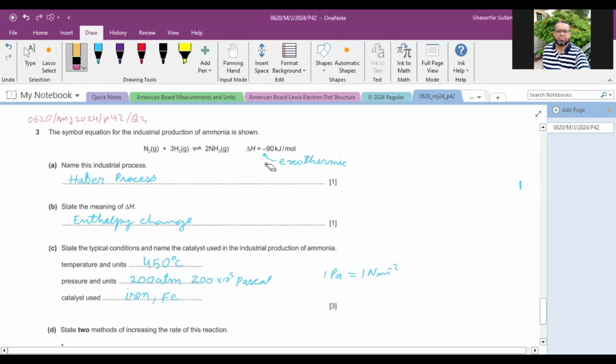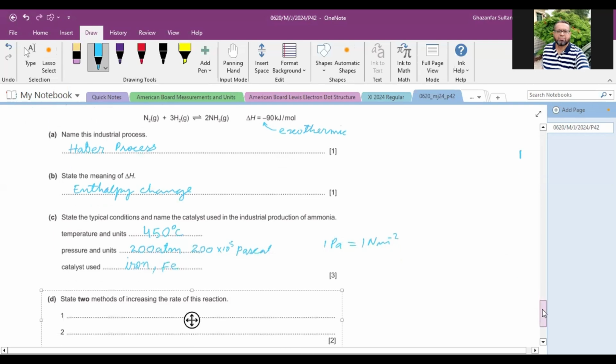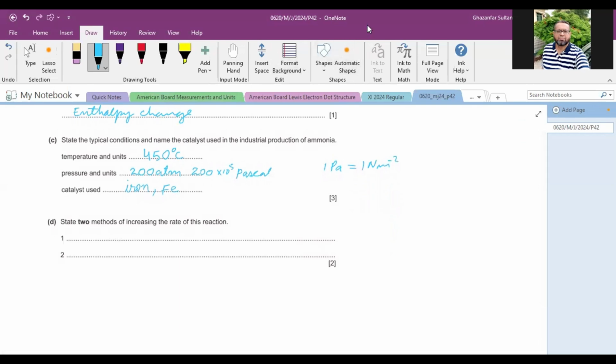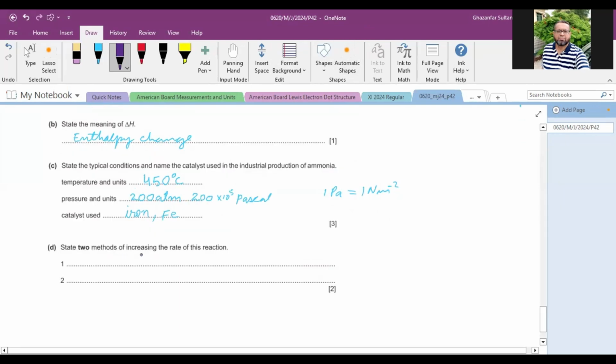But remember what they are asking, and we should answer accordingly. So think about what to answer. There are two methods of increasing the rate of this reaction. They have already used the catalyst, so we shouldn't mention it here. Better is temperature.